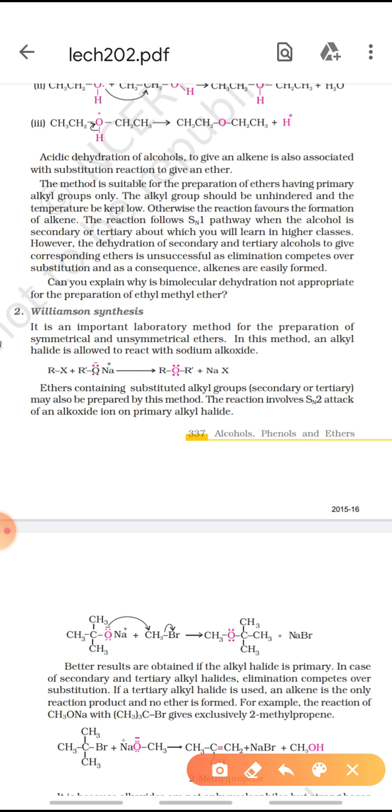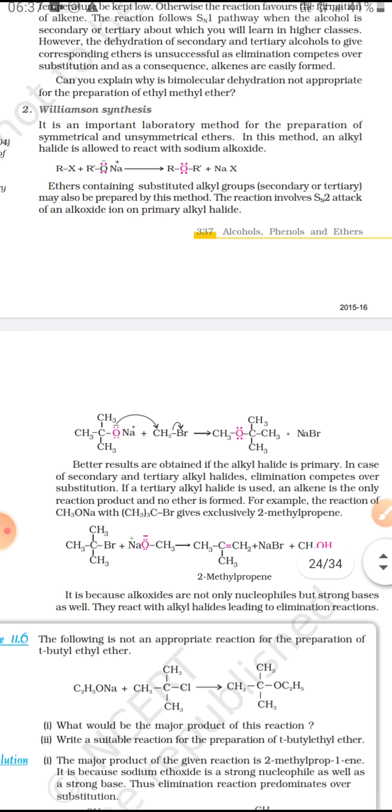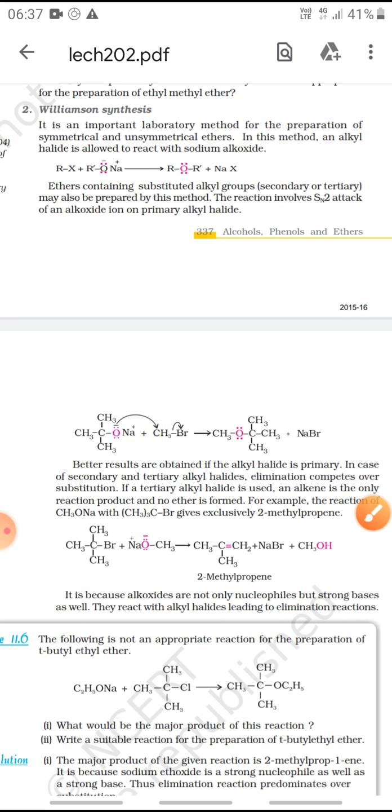Now in this method, what happens? An alkyl halide like RX reacts with sodium alkoxide and result in the formation of an ether. Now children, you have to remember that the alkyl halide that you are taking in this reaction should be a primary alkyl halide, and the alkoxide ion can be primary or secondary or tertiary. When the two react together, then this NaBr is eliminated out as a byproduct and result in the formation of ether.